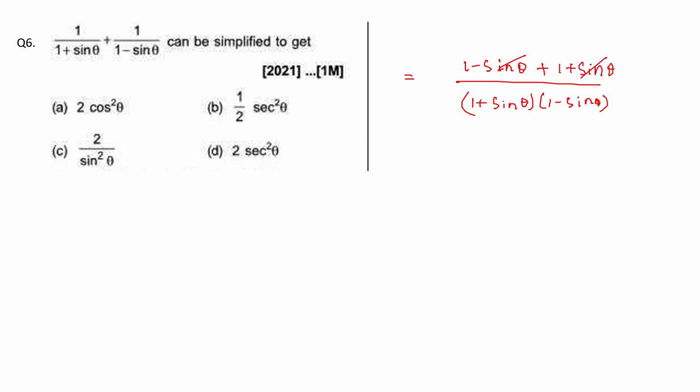Now you can cancel it out. So it will be 1 plus 1, 2 by. Now denominator is in the form of a plus b, a minus b. So it will become a square minus b square. So 1 square is 1 minus sin square theta. And 1 minus sin square theta is cos square theta. So which is equal to 2 times sec square theta. So D will be the correct answer.